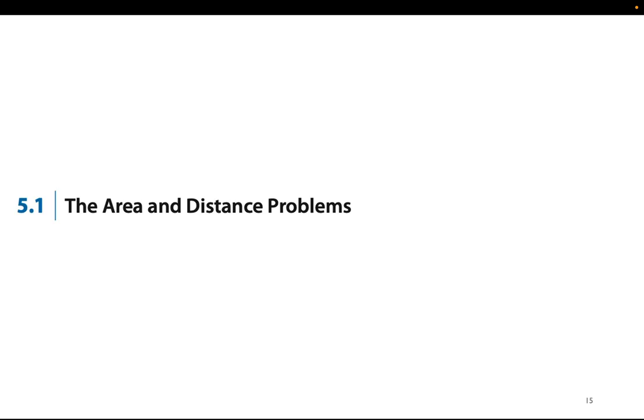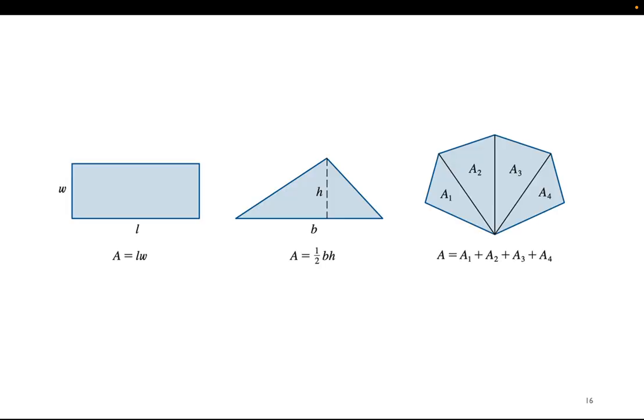Okay, let's talk about area and distance problems. In basic geometry from high school, we know how to find areas of simple things like a rectangle, a triangle, or a polygon if we can divide it up into a bunch of triangles, each of which we can find the area of. Then we can add up all the areas.